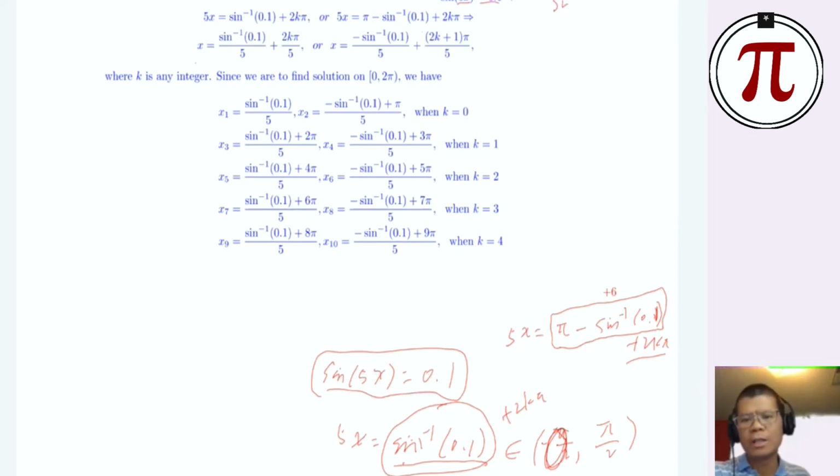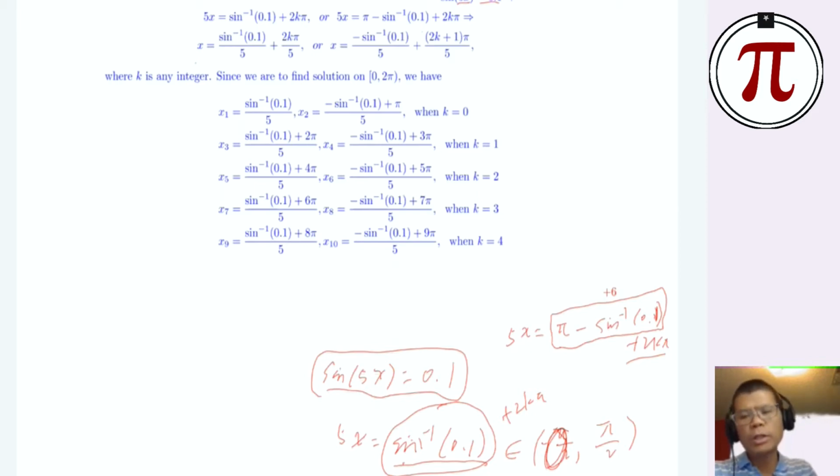We would not have to write it in this way and identify all those values. But this one is a little different because we have a complicated situation. Because sine 5x is 0.1, now you need to count all those values of x such that sine 5x is 0.1.